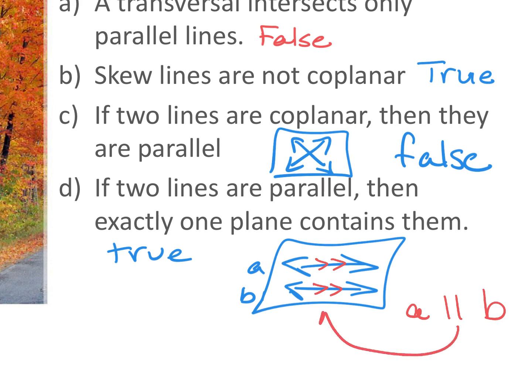These are markings indicating that this line is parallel to the other one. If it doesn't have any markings, then it's not parallel. We're going to be using this a lot with our quadrilaterals.